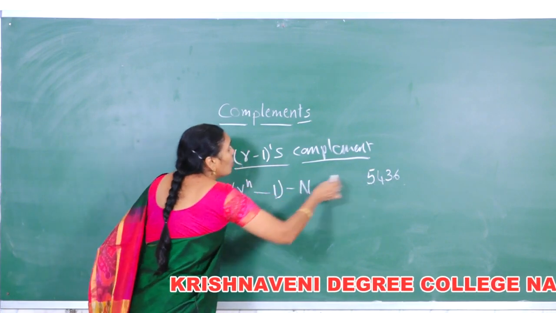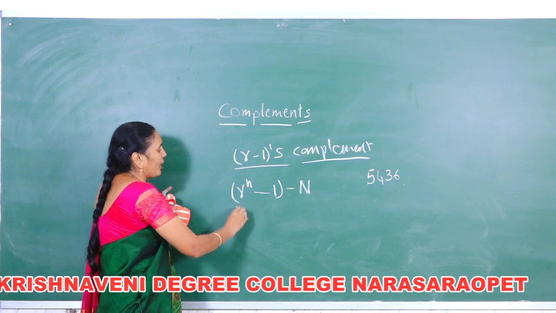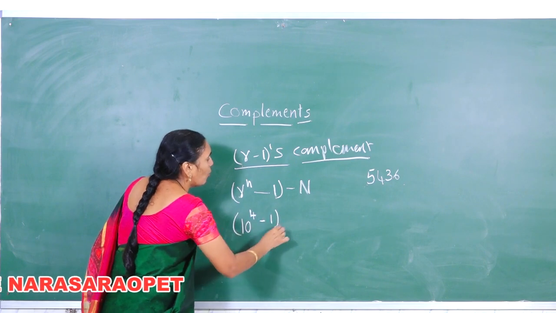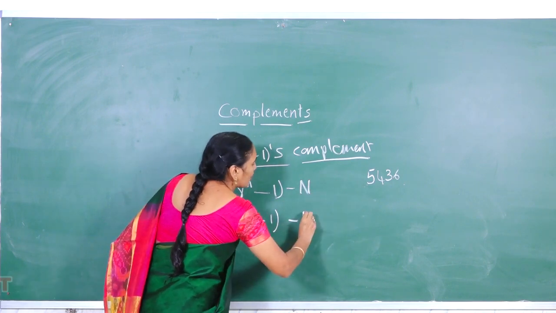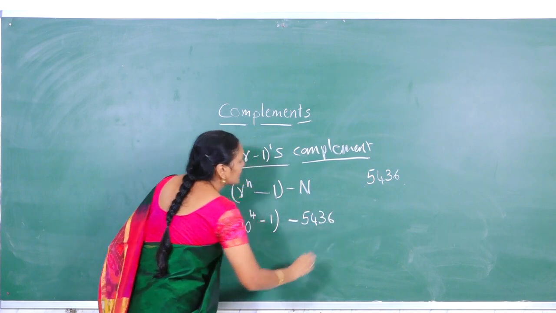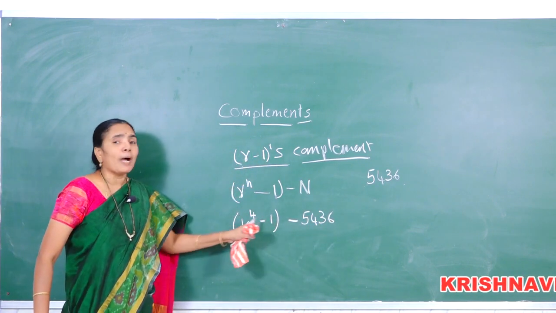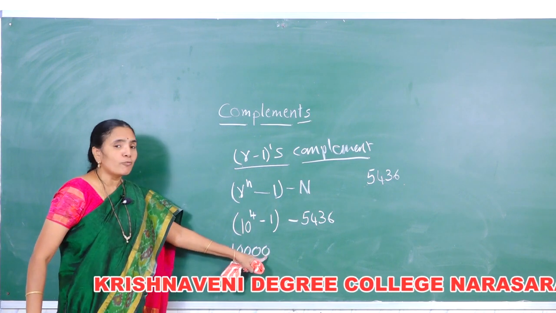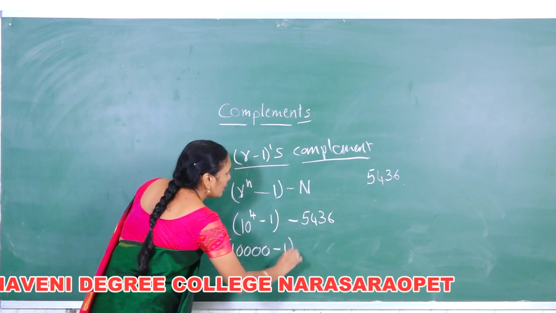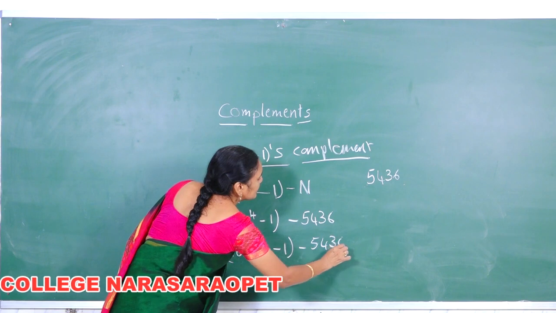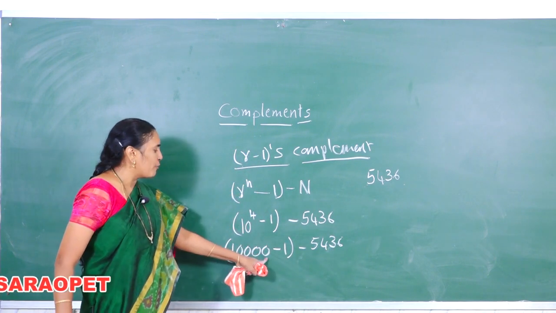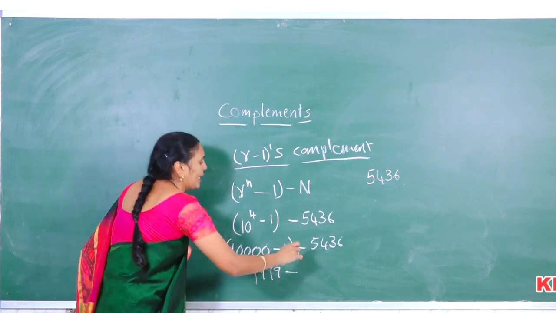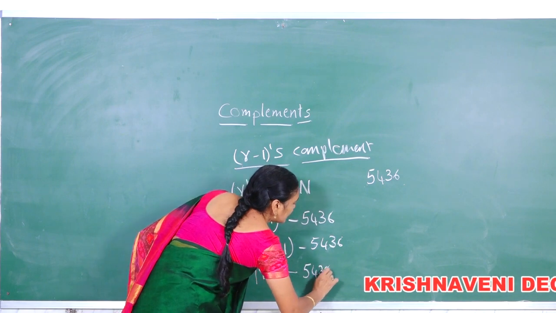Here we have 4 digits, so n is 4, and we compute 10 to the power of 4 minus 1, whole, minus 5436. 10 to the power of 4 is 1 followed by 4 zeros, and minus 1 gives 9999. So we compute 9999 minus 5436.